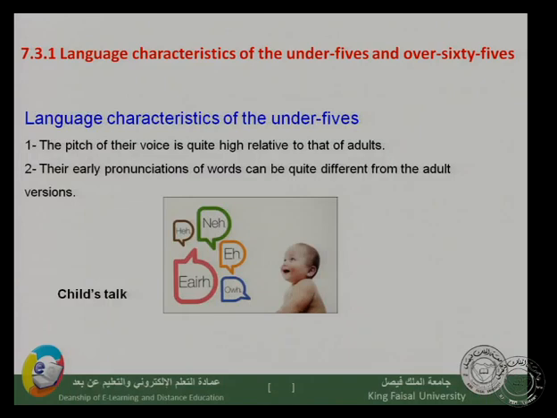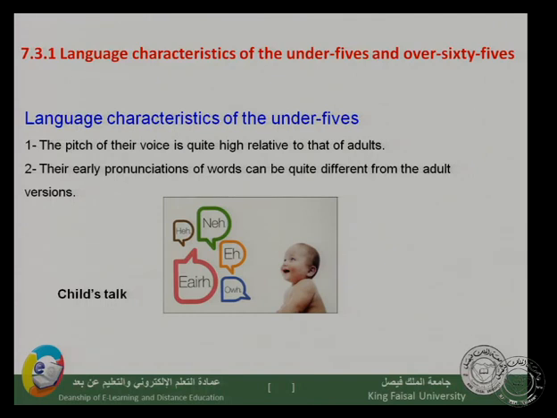Number 2, their early pronunciation of words can be quite different from the adult version. Now, sometimes when you have a child speaking, you will find that the pronunciation of certain words is very much different from those pronounced by an adult. The difference can be in the pronunciation of vowels.